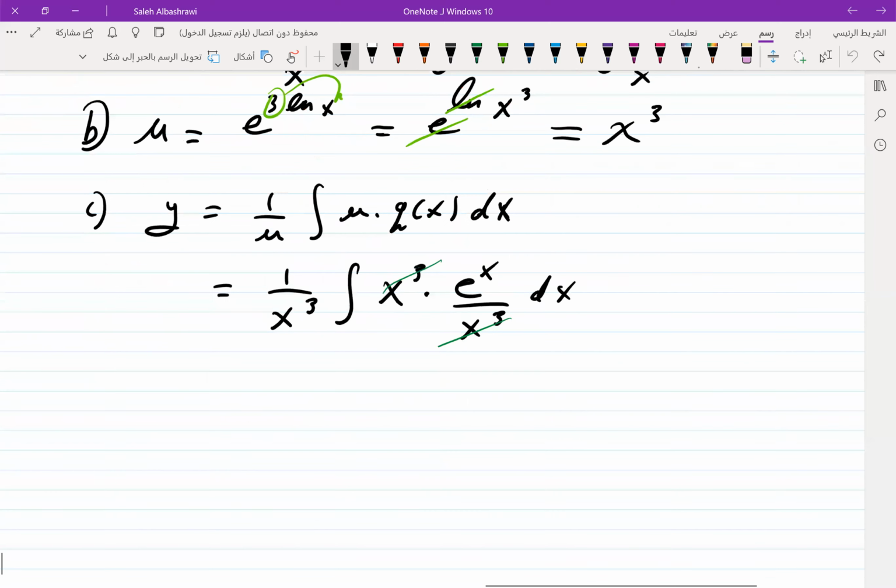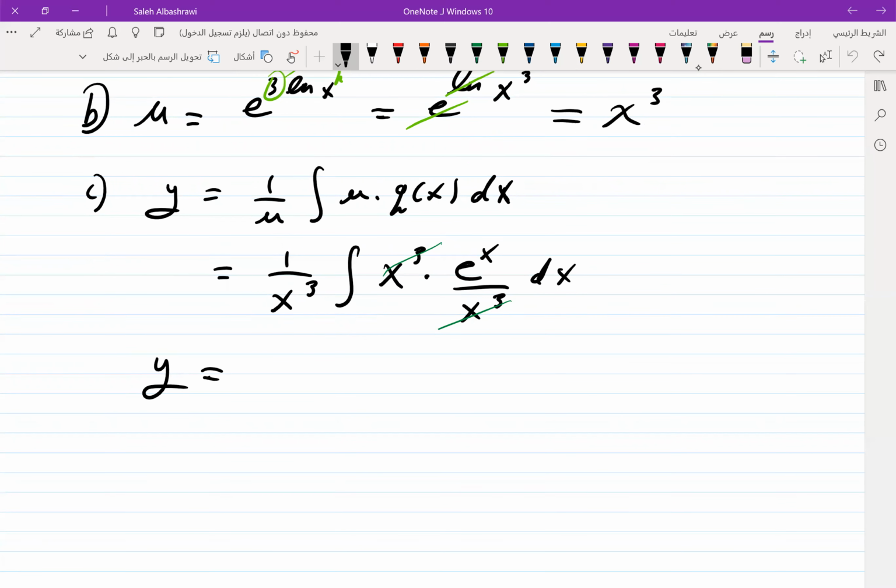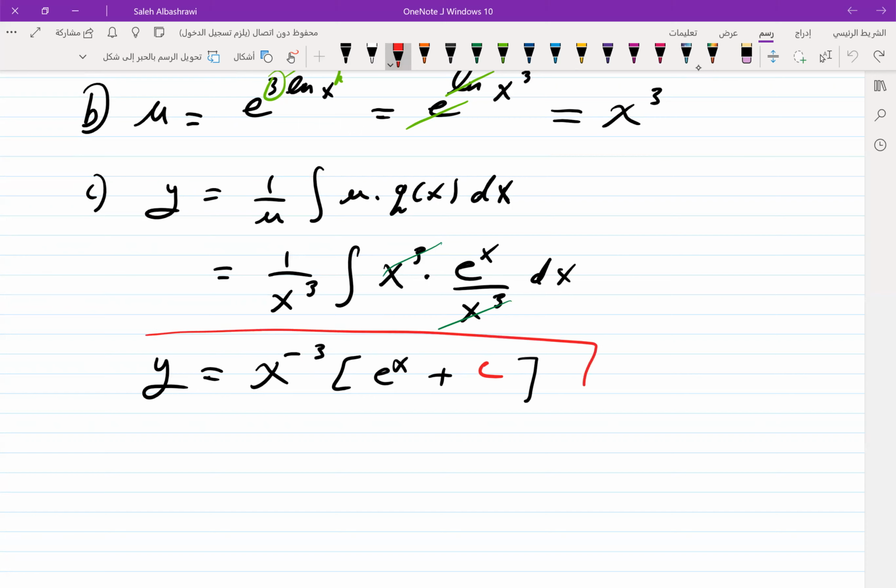Then I will have y equal x to power minus 3 multiplied by integration of e to power x, which is e to power x plus constant c because this is indefinite integral. So the solution is y equal to x to power minus 3 multiplied by e to power x plus the constant c. And this will be the solution of the given differential equation.